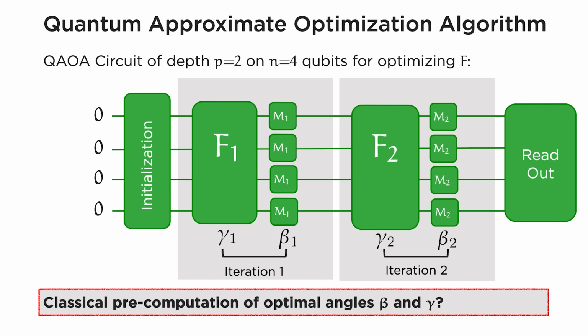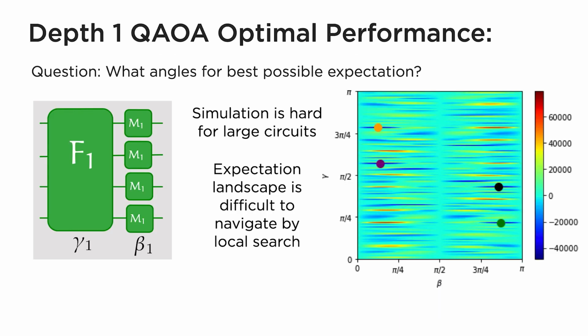Finding these angles is a big and important part of getting your QAOA approach to work as best as is possible. Now, finding these angles is not so easy, because even when you have a layer depth 1, in other words, you've got two angles, it can be very sensitive. On the right, we've got a plot. This is a problem that involves less than 20 qubits.